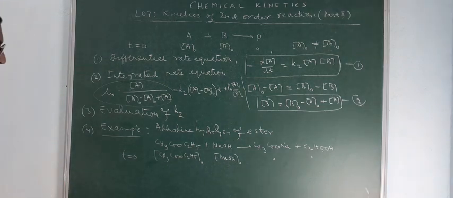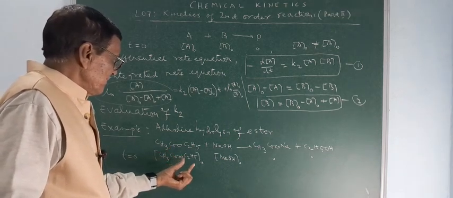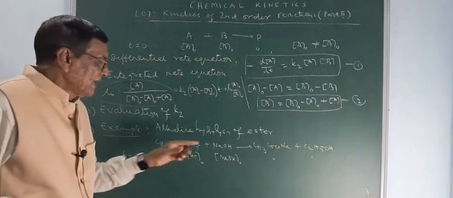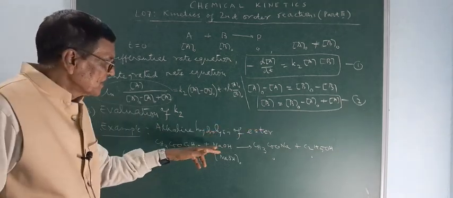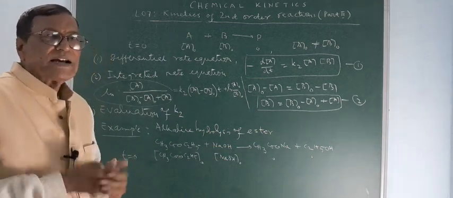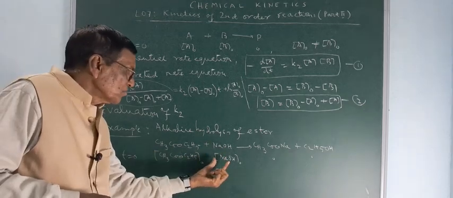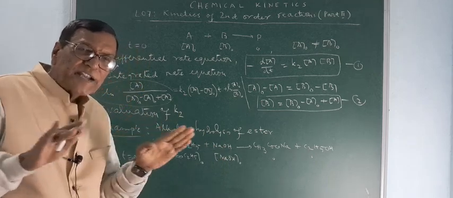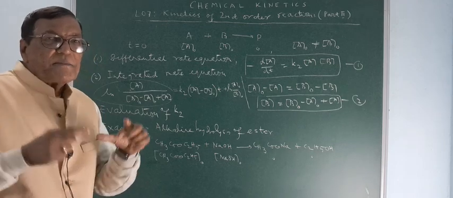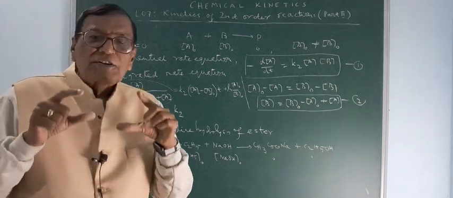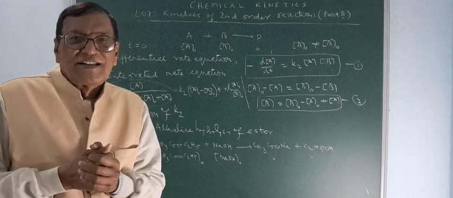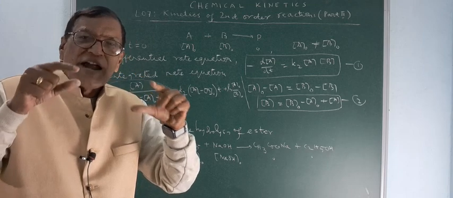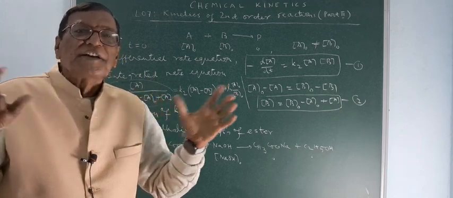As the reaction goes on, the concentration of sodium hydroxide will decrease as time increases. The concentration of sodium hydroxide at different time intervals is determined by titrating an adequate amount of the reaction mixture with standard oxalic acid using phenolphthalein indicator.